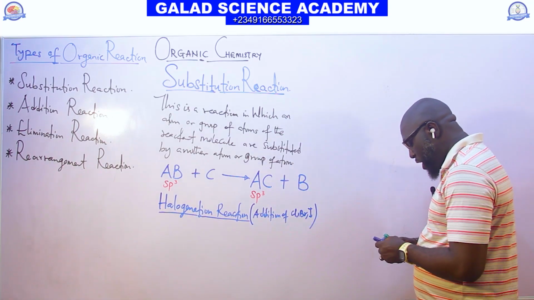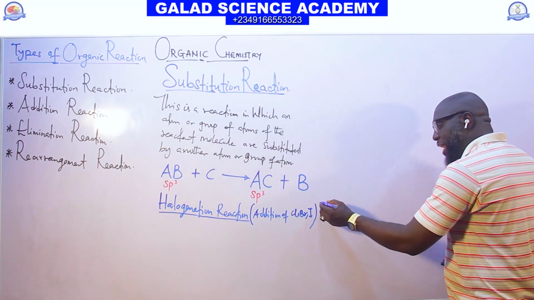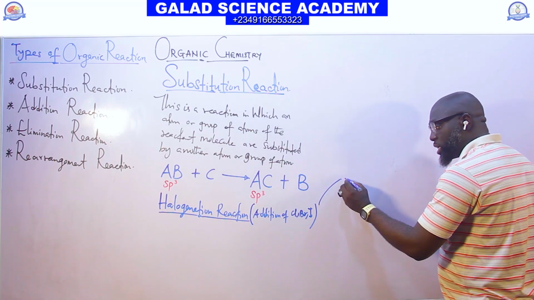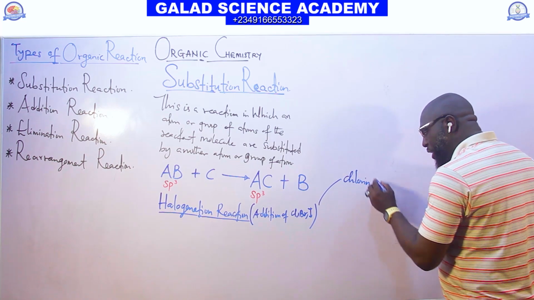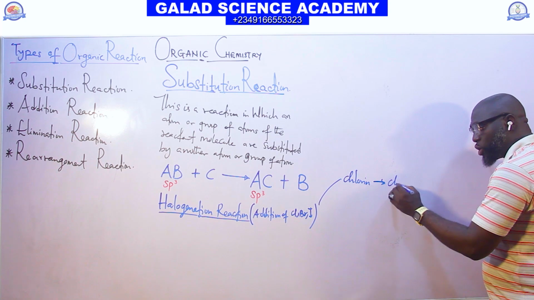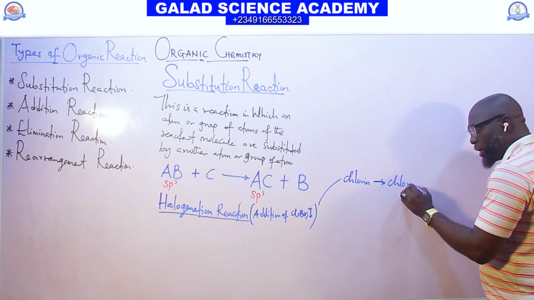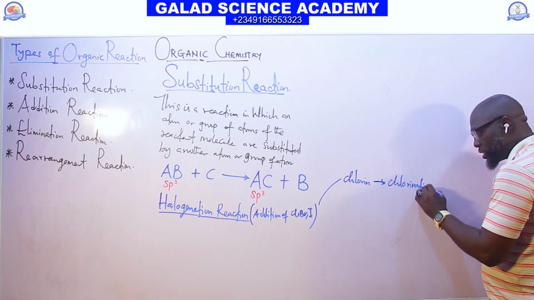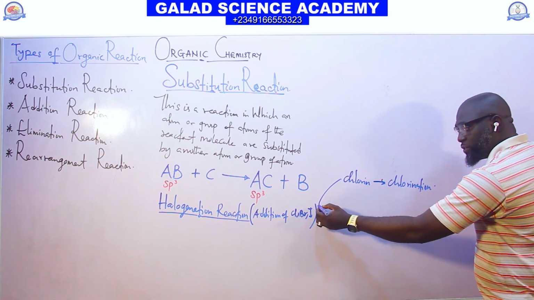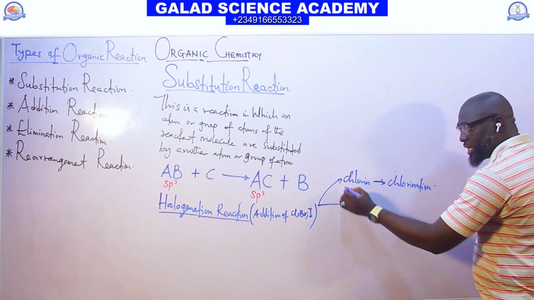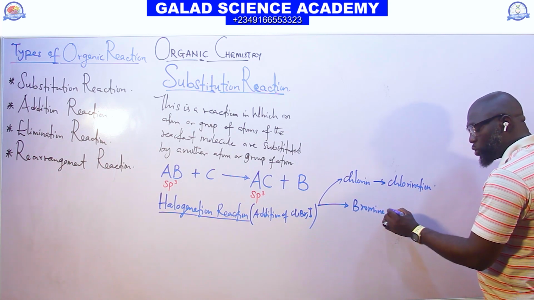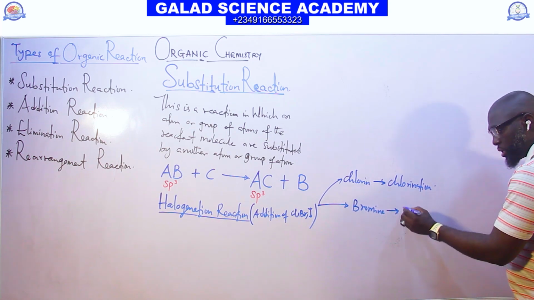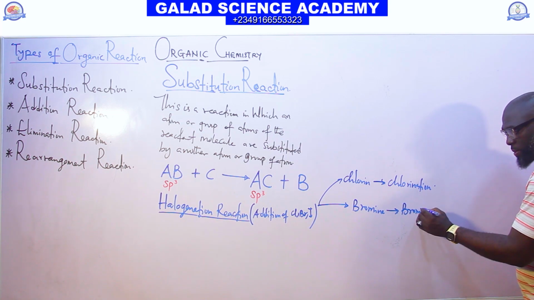But note, if the halogen added is chlorine, we call the reaction chlorination reaction. If the halogen added is bromine, we call it bromination reaction.